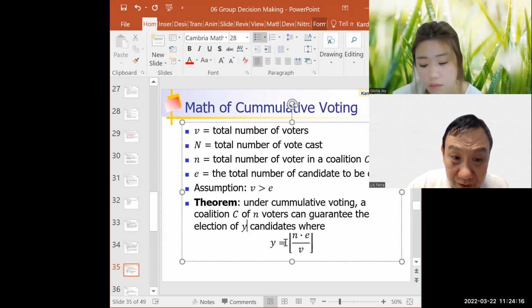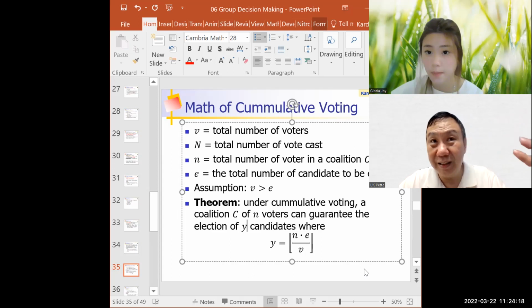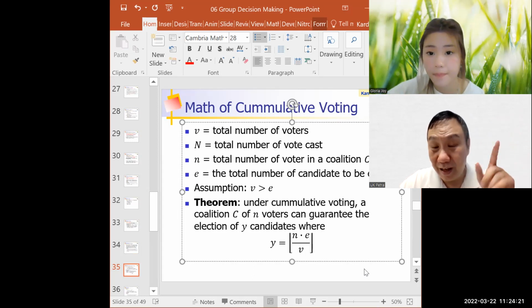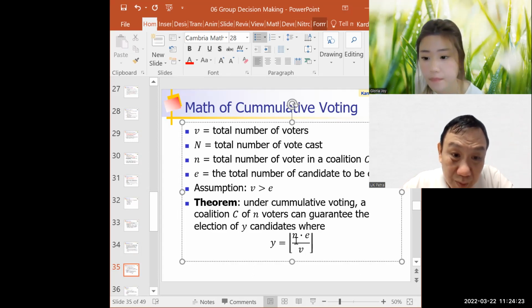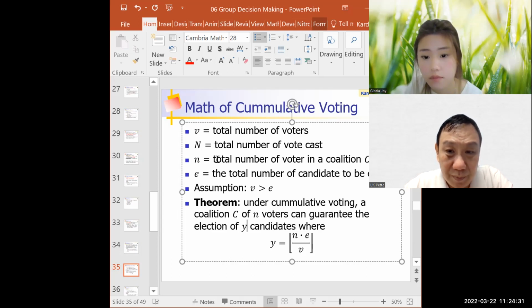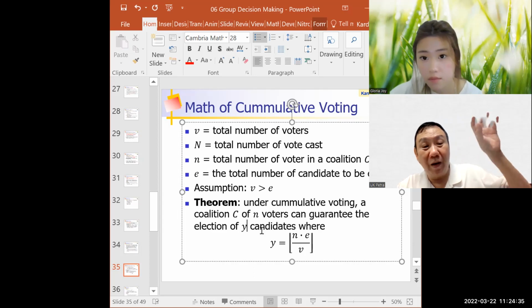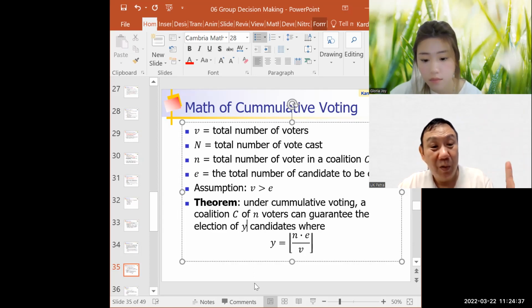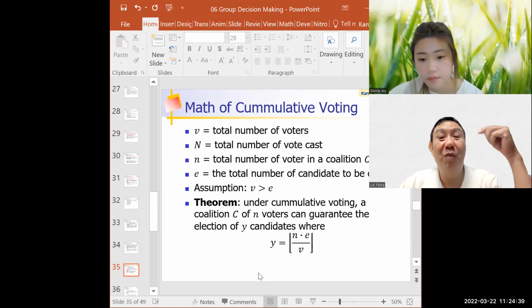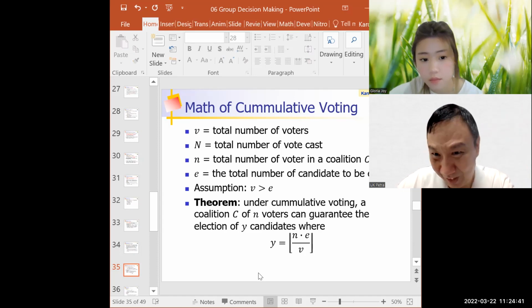Floor means the largest integer that is less than that number, of n multiplied by E divided by V, small n here. So if you want to create a coalition to make a winning candidate, you probably want to use this formula in a cumulative voting setting.